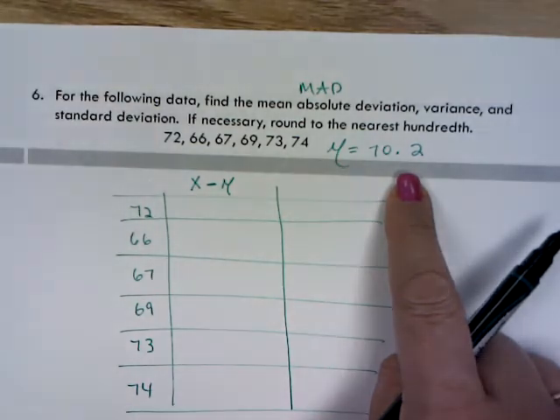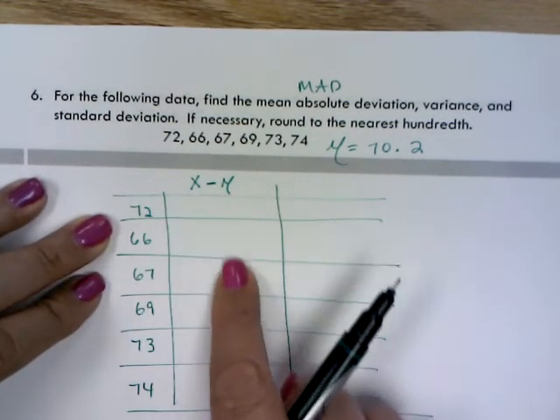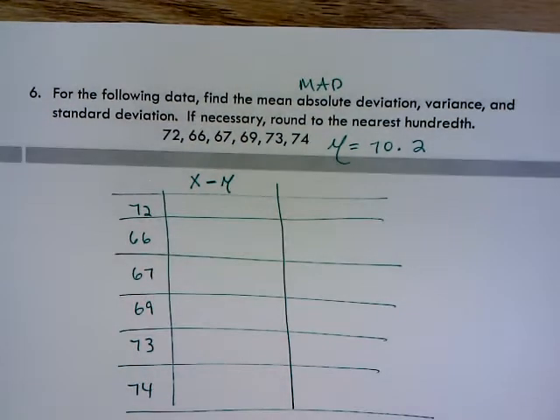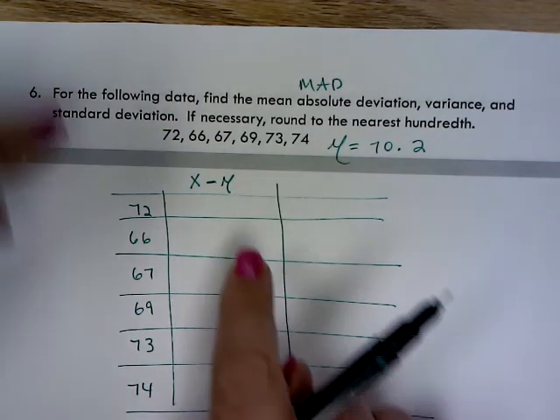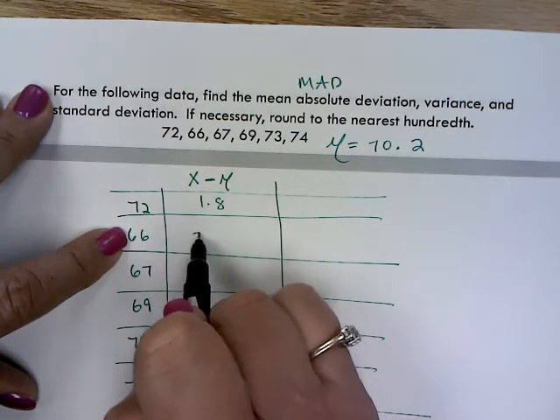And actually, this is the same data from the other page, so I shouldn't have had to find the mean again. We already found the deviation on the other page as well, because I believe this is the same data set that we just did. 72, 66, 60, exactly the same data set. So I already know my deviations. I did them on the other page.